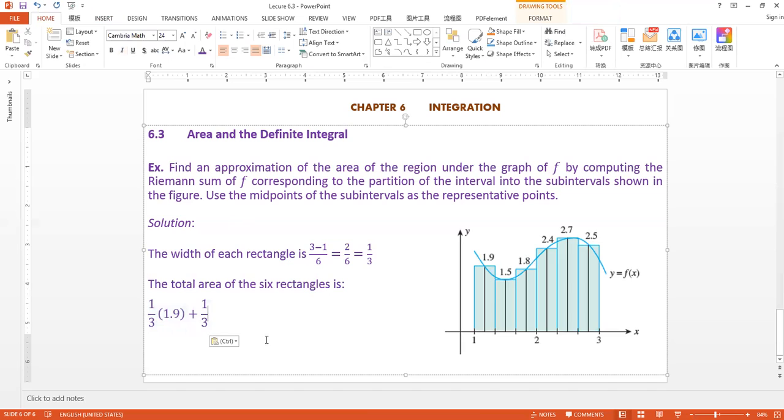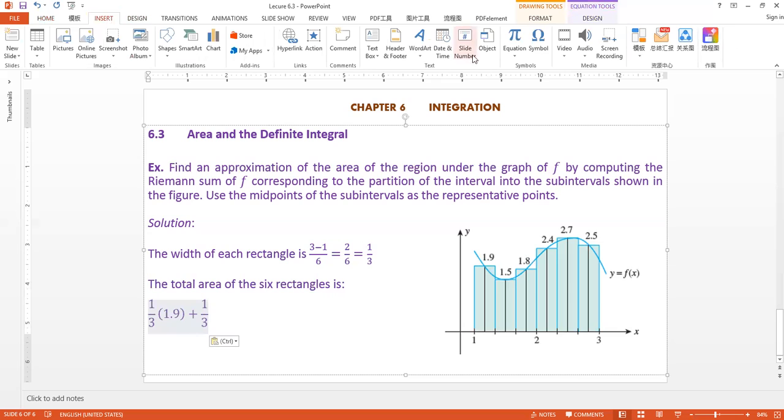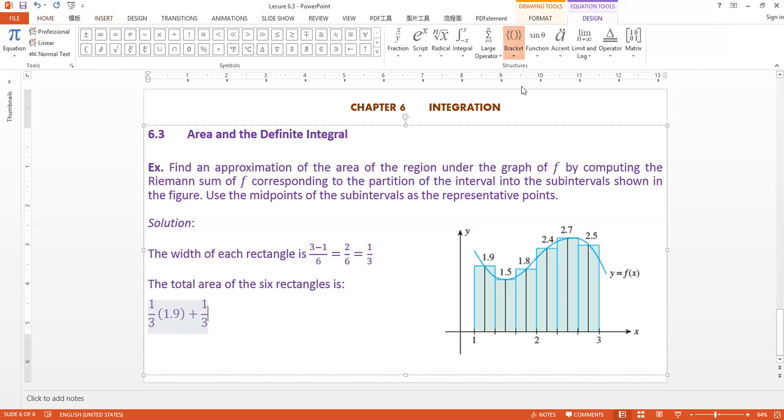The next rectangle has width 1/3 and height 1.5. Then we just keep on doing this.